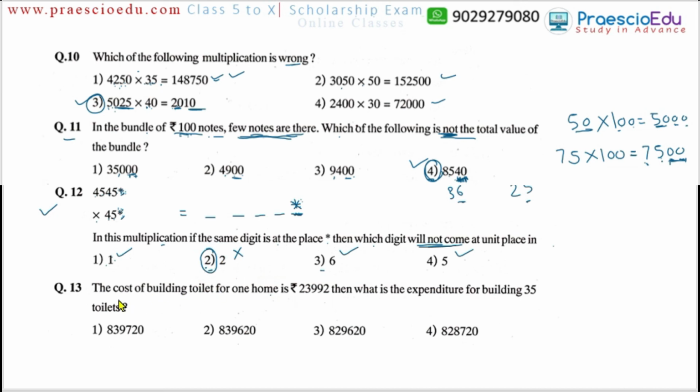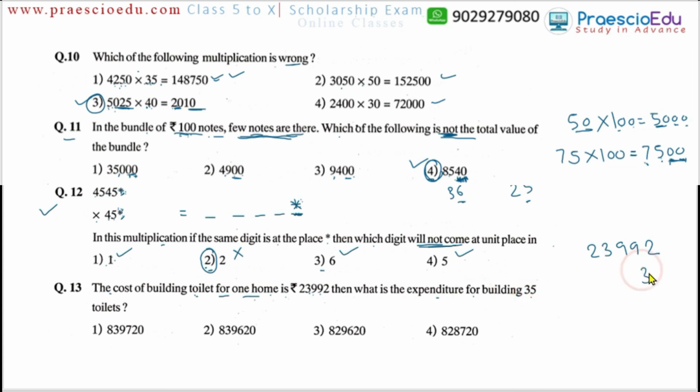Now question number 13. The cost of building a toilet for one home is rupees 23,992. What is the cost of one toilet? That is for one home, one toilet, means that is the cost of one toilet. So 23,992. Okay. Then what is the expenditure for building 35 toilets?